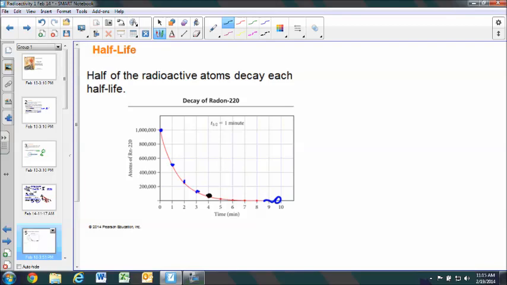Then you can extrapolate this and say, oh, okay, if I had 1 million, that was this long ago, right? You can go back. And in many cases, when you're dealing with radioactive dating, one of the main problems is that sometimes it's difficult to know what was the initial amount.